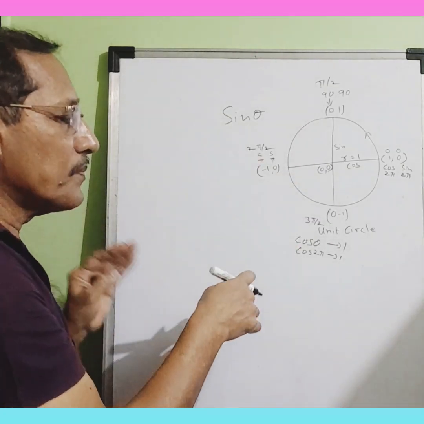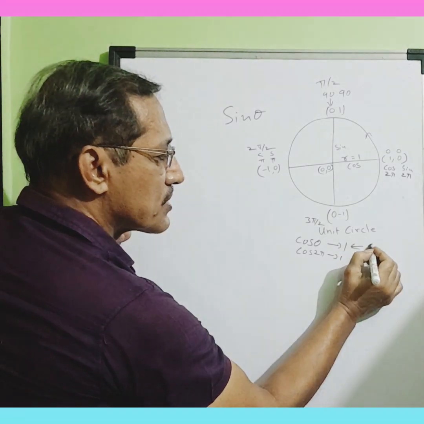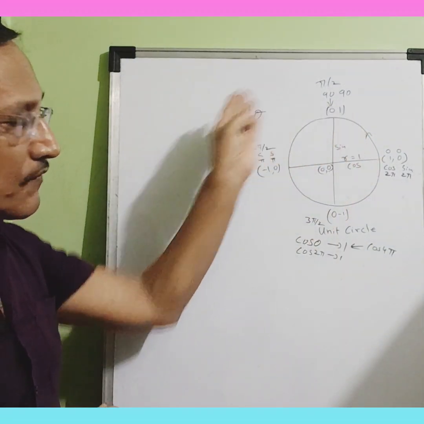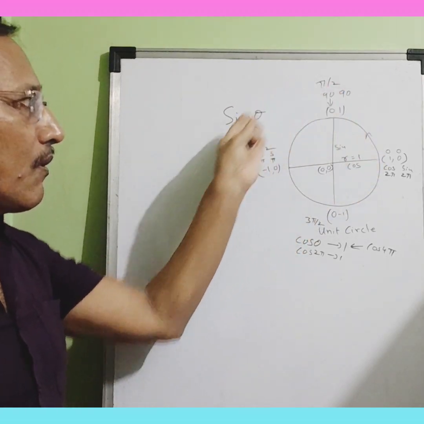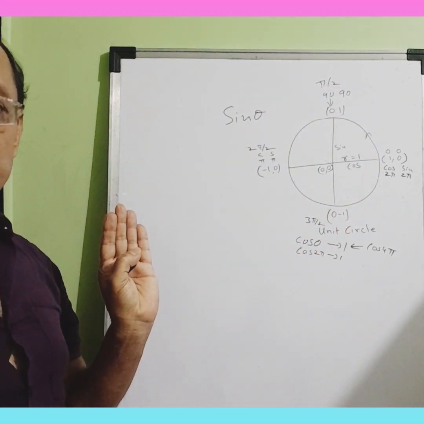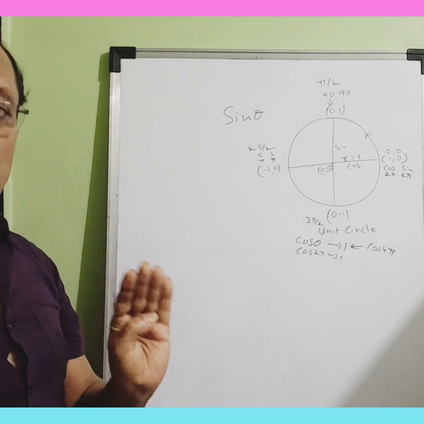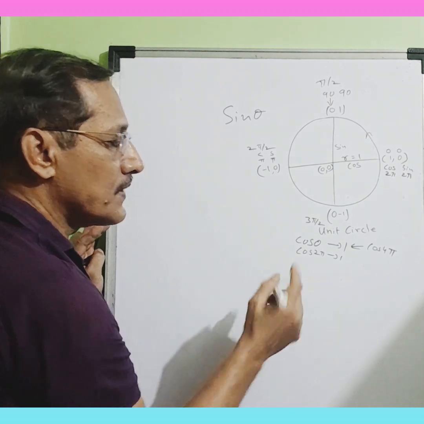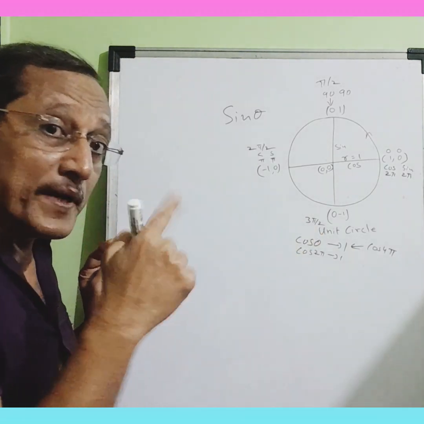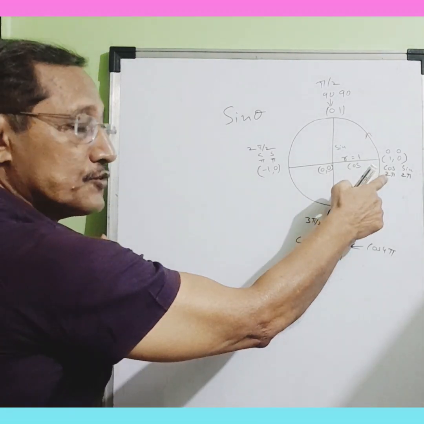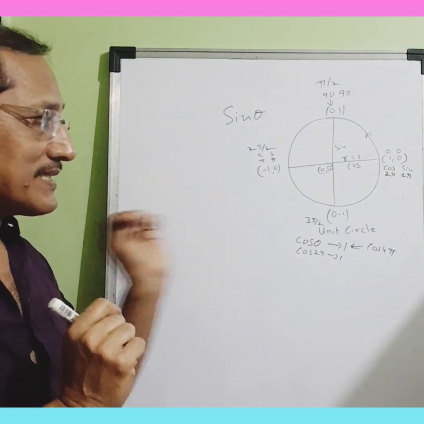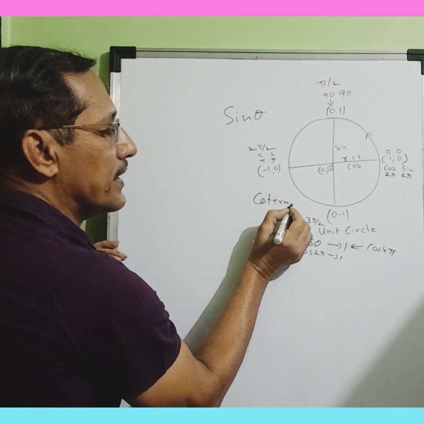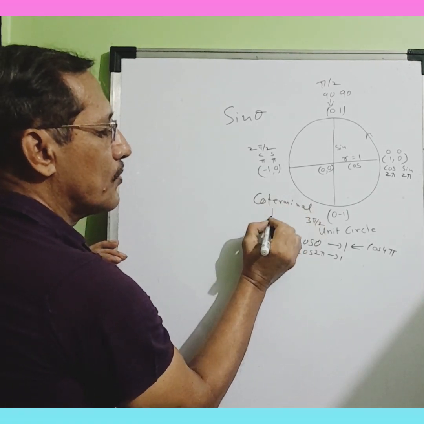I add another 2 pi, so cos 4 pi would also be 1. Similarly, we can talk in terms of all these values. So what is coterminal? The values keep on repeating if you keep on adding 2 pi to whatever you have chosen. That is the coterminal formula.